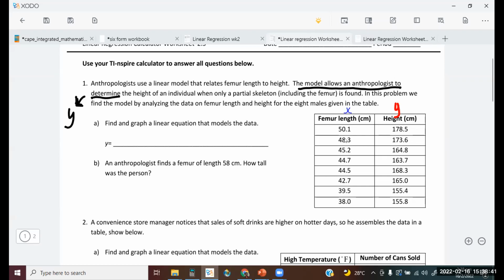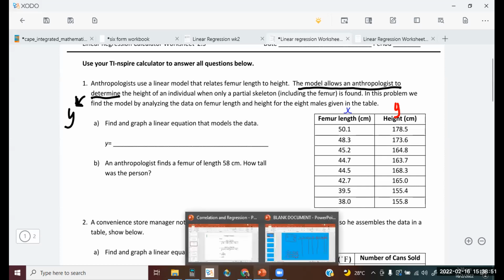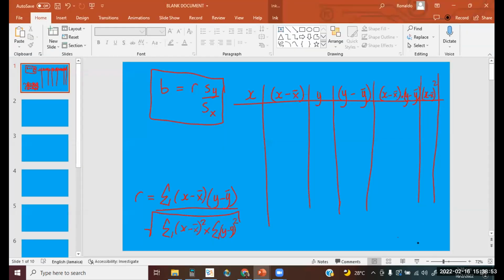Jamie, can you take a picture of this and quickly tell me the x values? All right, thank you.